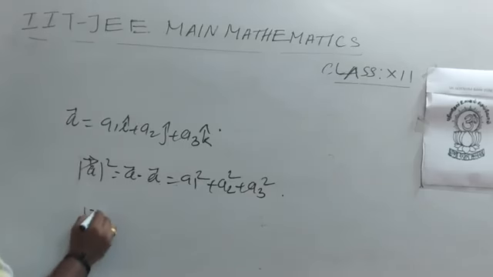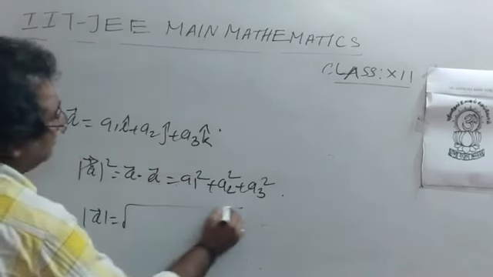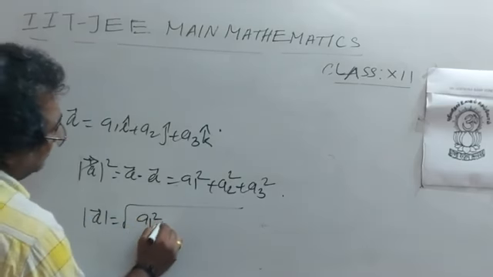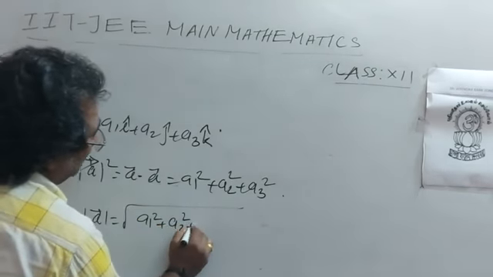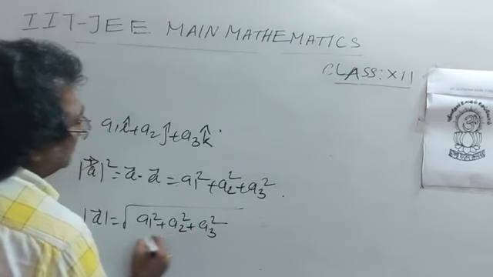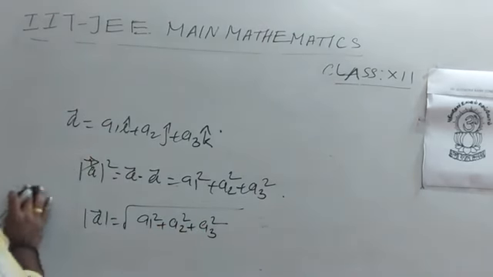Therefore, modulus of A vector equals root of A1 squared plus A2 squared plus A3 squared.